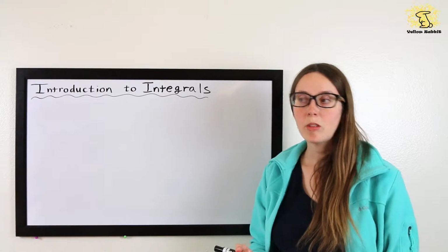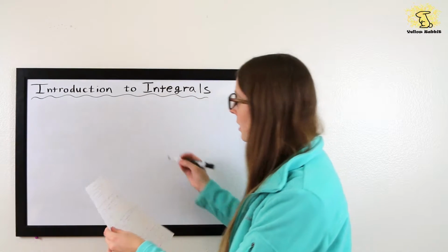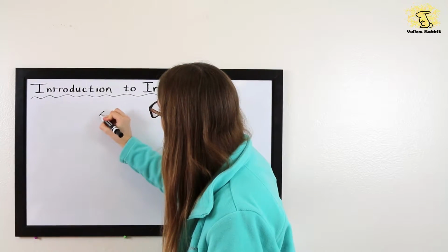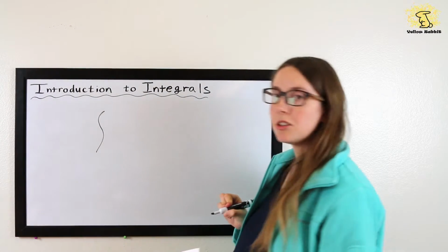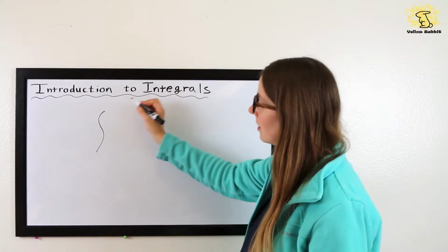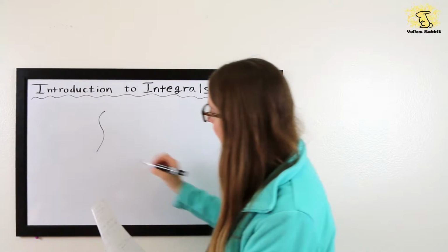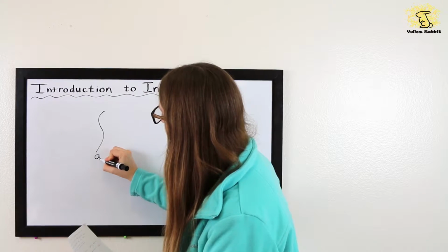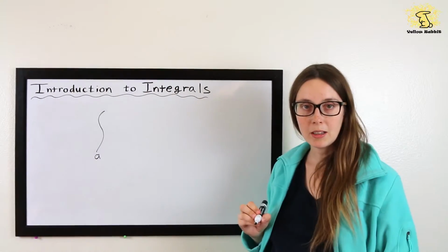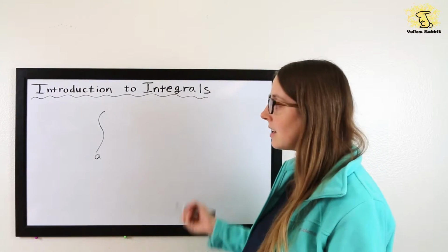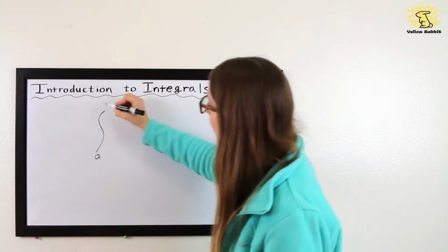The general form of an integral is as follows. We write our integral sign, which looks kind of like a capital S. We write our lower limit of integration, I'll just call it a here, it could be any value.